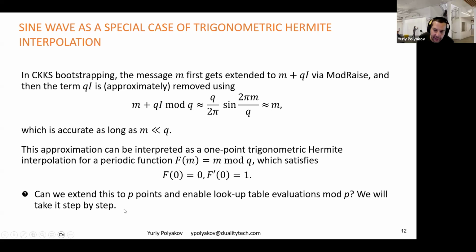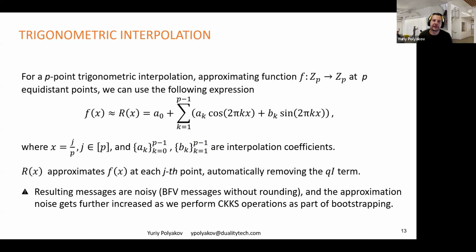So the question that we asked: can we extend this to, let's say, p points, so that we can support essentially mod p lookup table evaluations? We're going to go step by step to see how we can do that. First, if we want to go to a p-point trigonometric interpolation, the input, let's say, is in Z_p, and we want the output also to be in Z_p. Think of p as a plaintext modulus here.